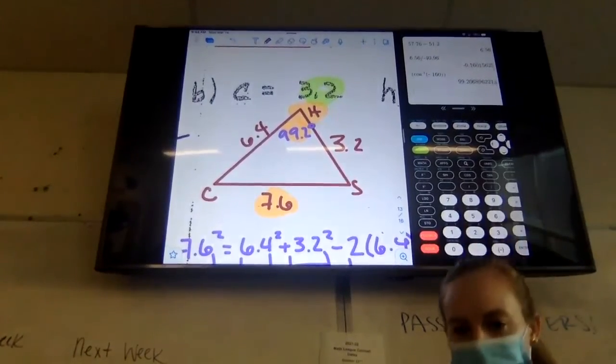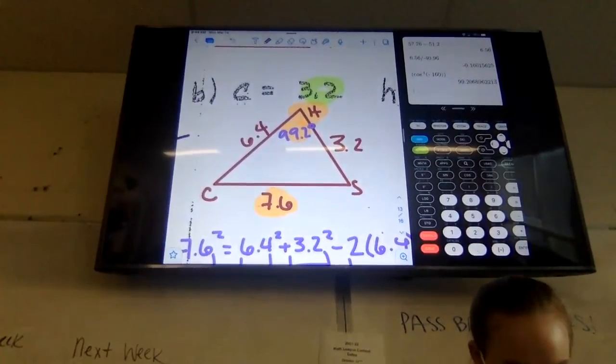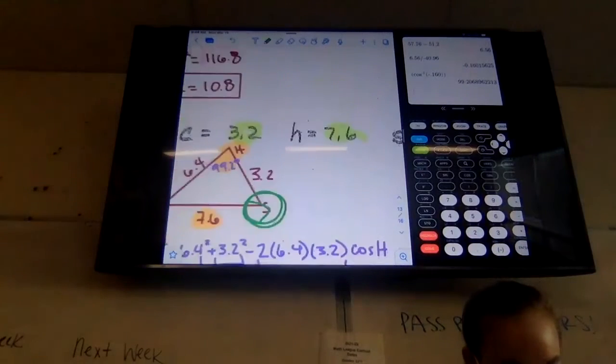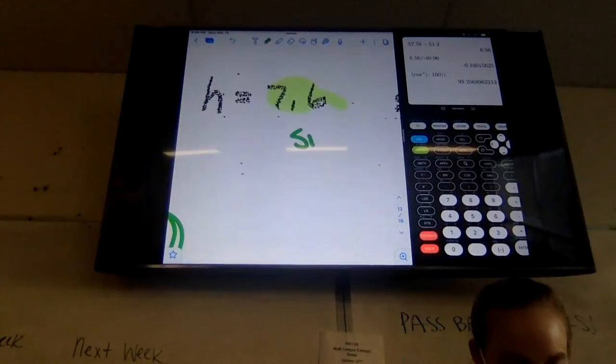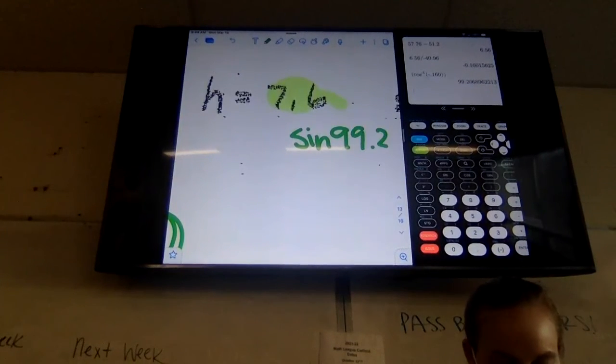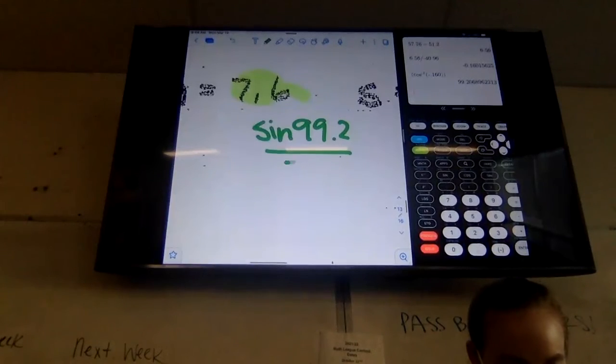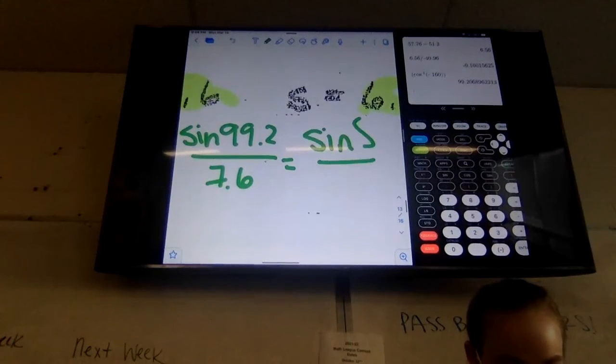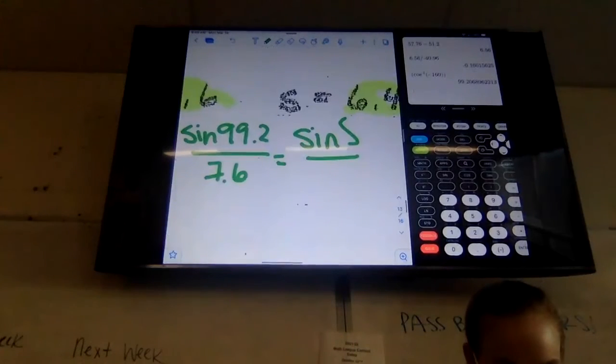Yeah, 99.2 is good. Okay, I'm going to find angle S using law of sines. Sine of 99.2 over 7.6 equals sine of big S over 6.4.